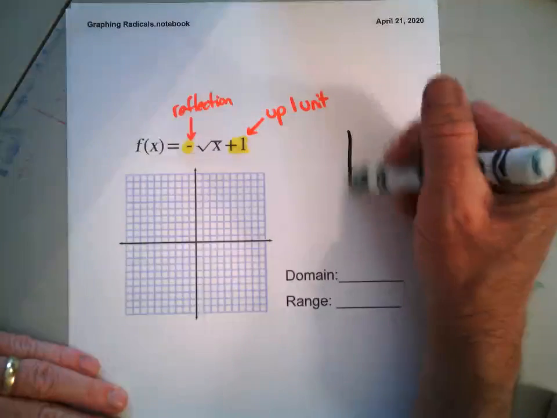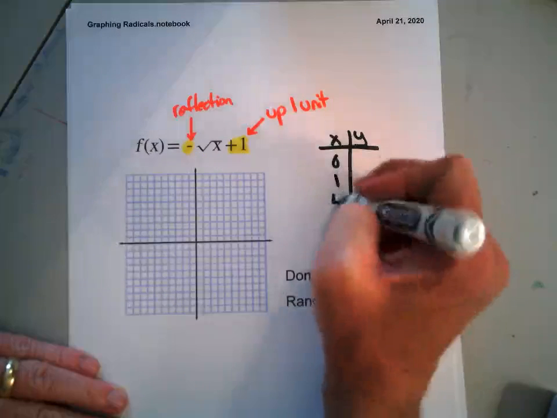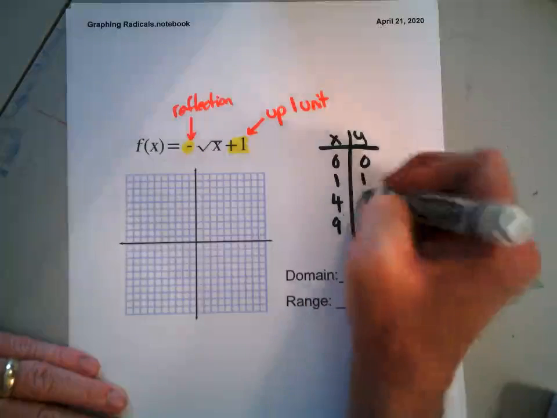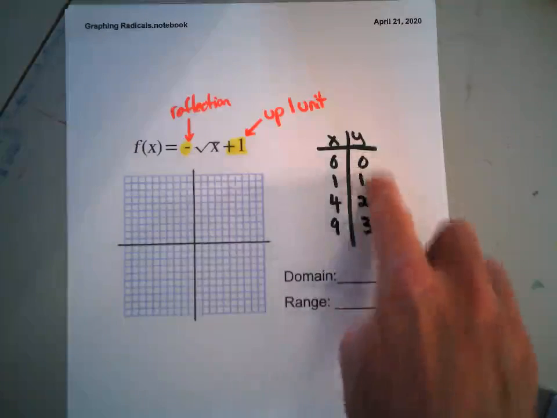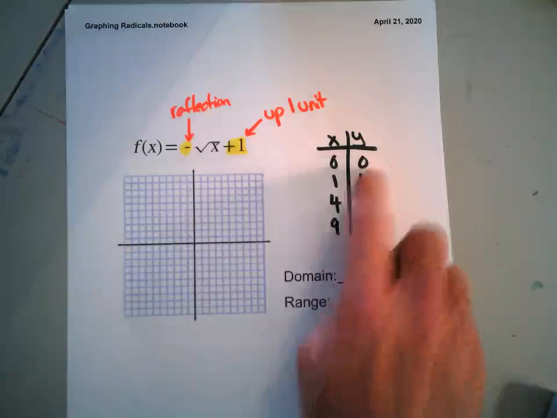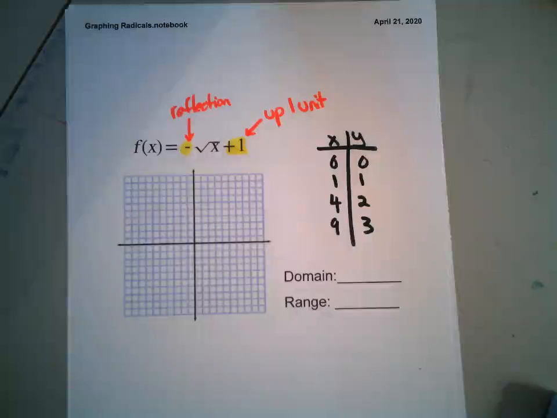So I'll put my trusty T-chart in here. If you remember, these numbers are square rooted. Square root of 0 is 0, square root of 1 is 1, square root of 4 is 2, square root of 9 is 3. So I'm not just making these numbers up. This is a square root function, so we're going to take the square root of the x value.